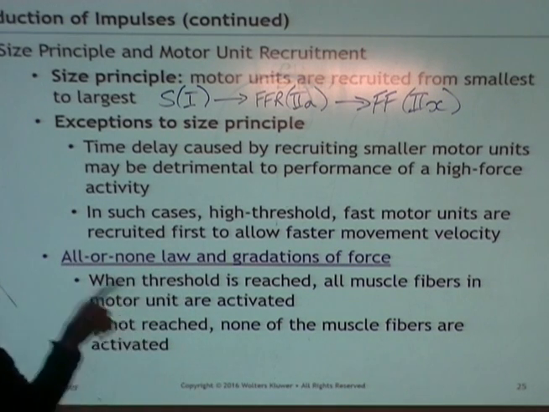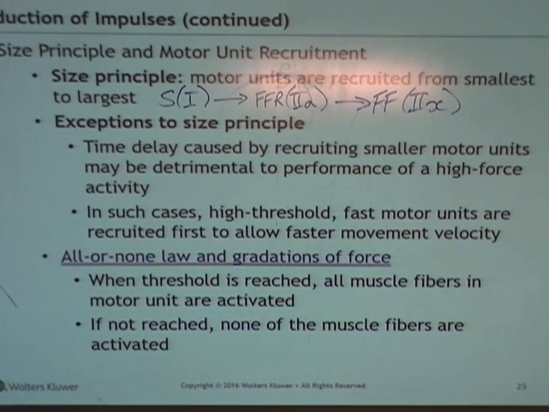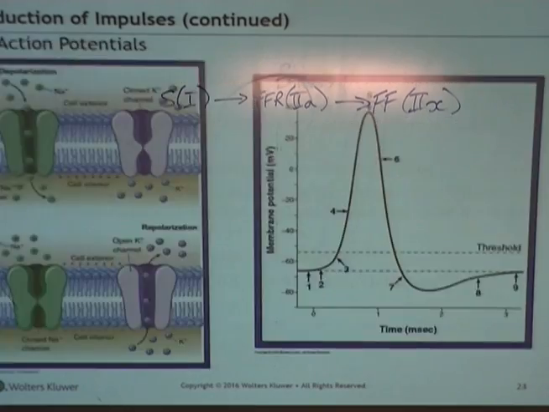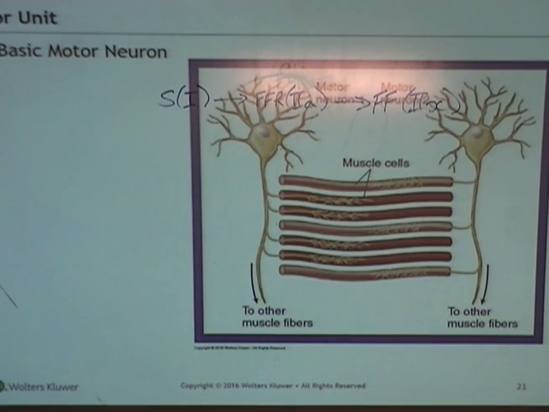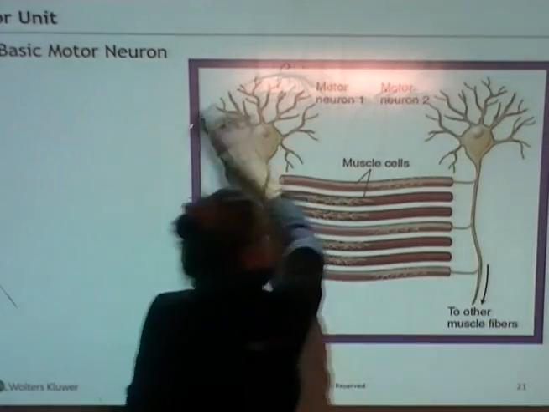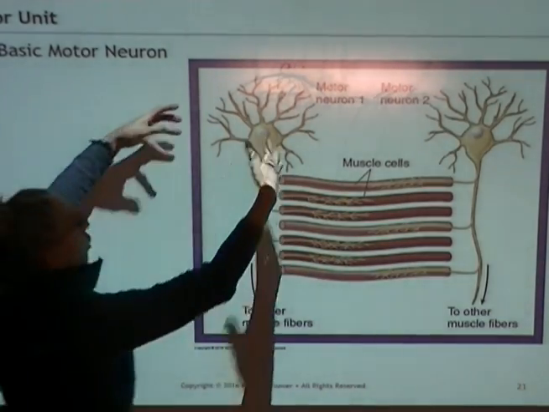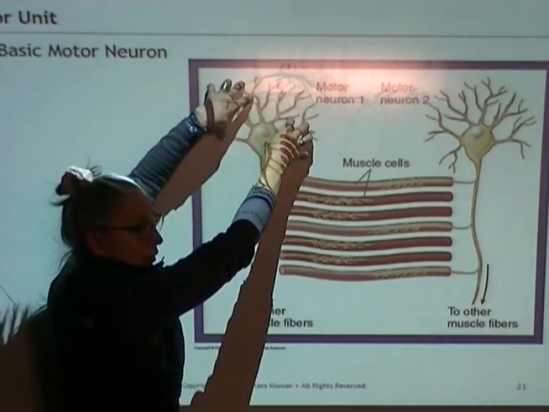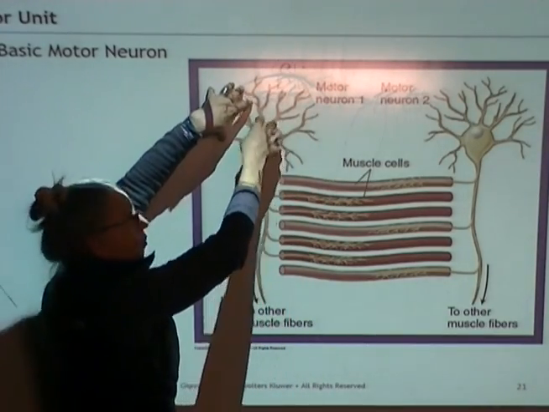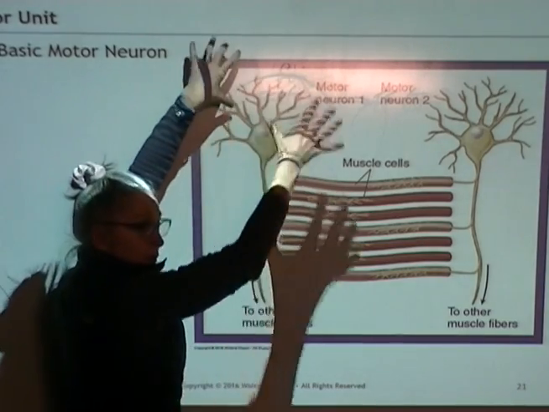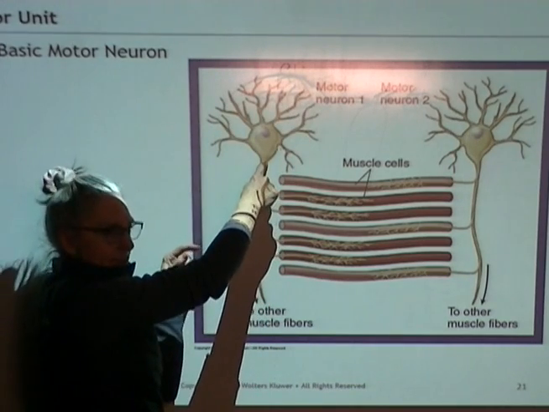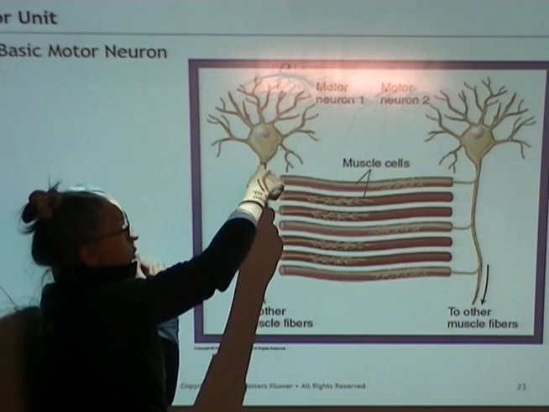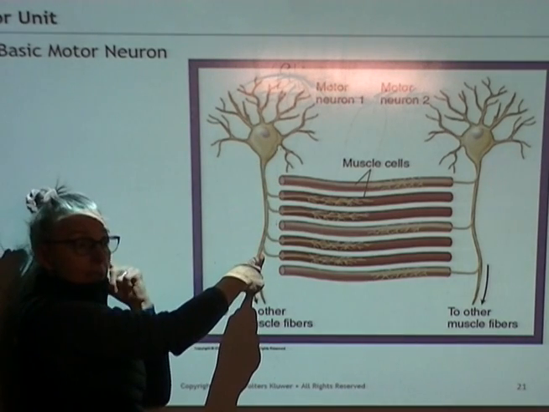If we reach threshold, remember the diagram, you want me to show you the diagram again? So remember, we've got signals coming down to the cell body for the motor nerve from all these different dendrites. If the summation of all these signals at the axon hillock reaches threshold, the action potential will be stimulated down this axon.